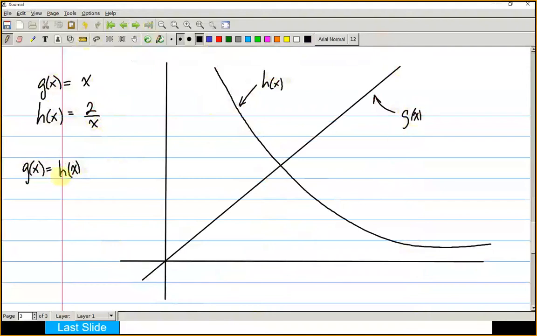And I want to know when the two of them intersect. g of x is x, h of x is 2 over x. And so when I write that, these two intersect where x equals the square root of 2. So really all we're trying to do is just find out where two lines meet on the y equals x line. It's called the fixed point method. Okay? Yes, clear. So we are recording.